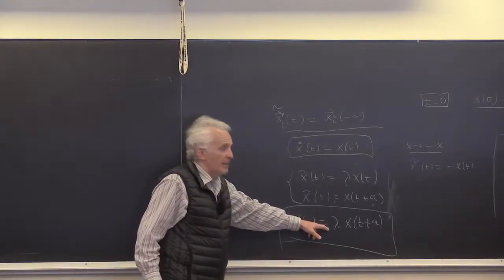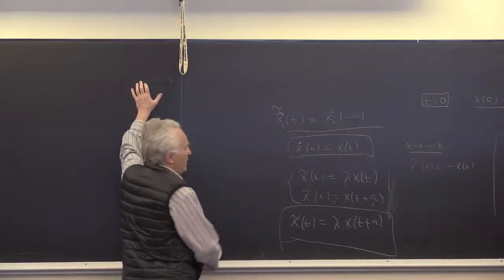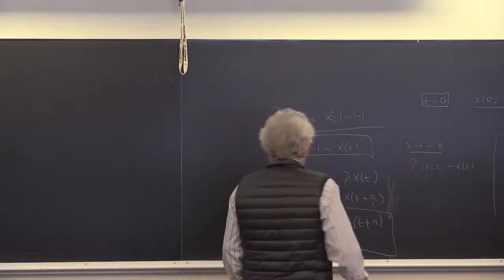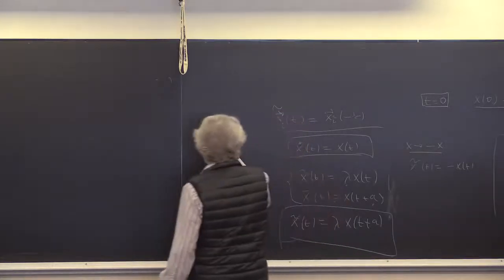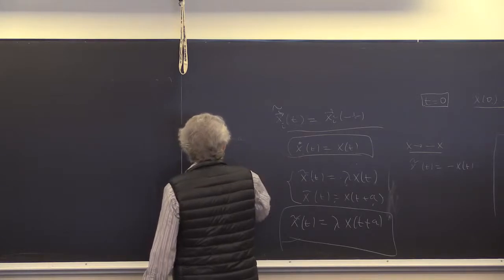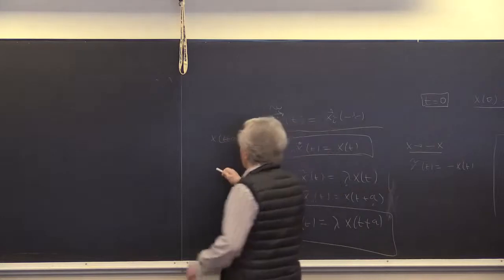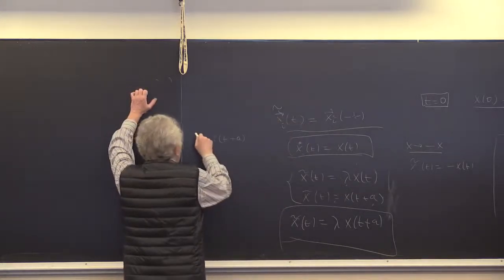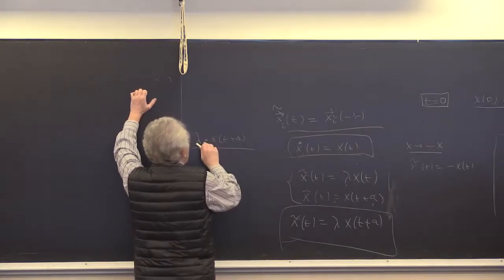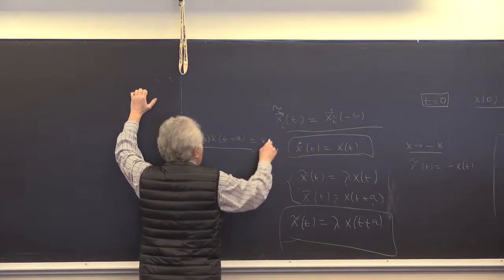It actually means that will be in the homework. It actually means there is only one way out from this. When you take x of t plus a, you get a new solution. But when you multiply it by lambda, you can always choose lambda in such a way that this is the same solution.